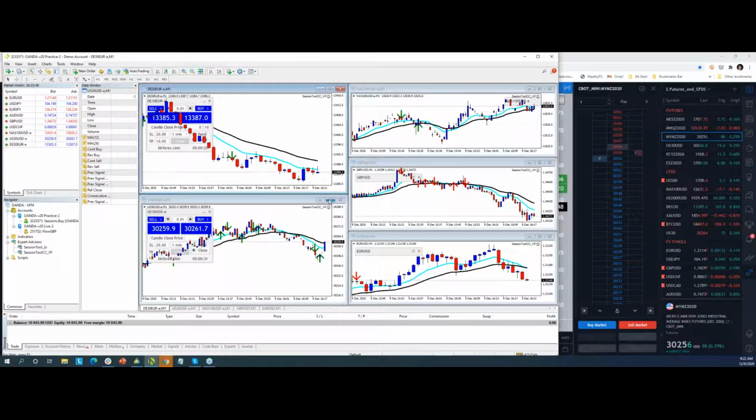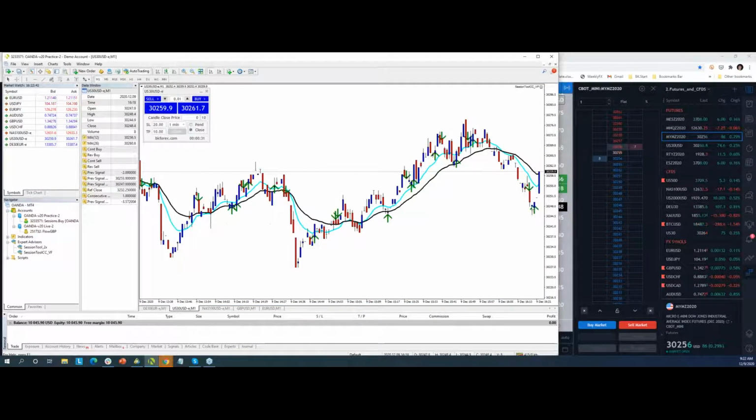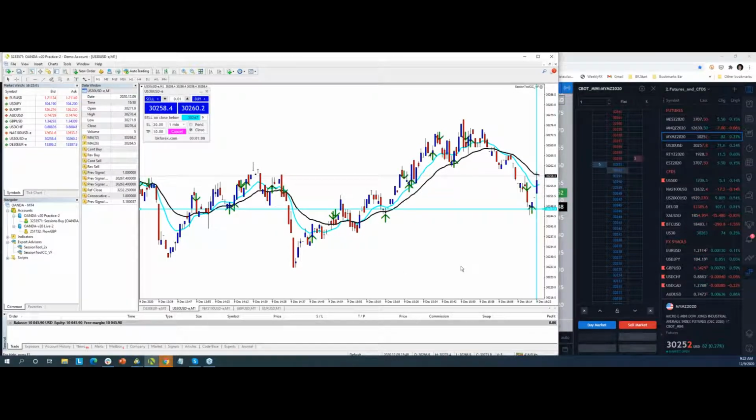There is an arrow here with a low at 48. So what we're going to do is set up our tool to sell 47. If it closes below 47, that's going to be our setup.